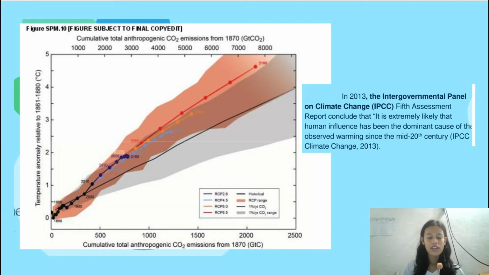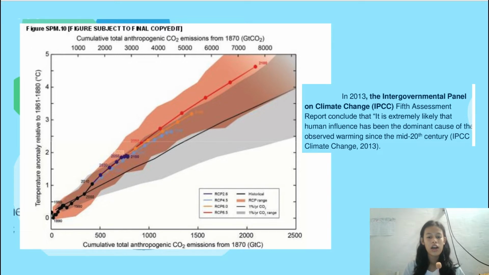The study shown in the 2013 Intergovernmental Panel on Climate Change, known by the abbreviation IPCC, says that it is extremely likely that human influence has been the dominant cause of the observed warming since the mid-20th century, which is like from the start of 2010 till now.